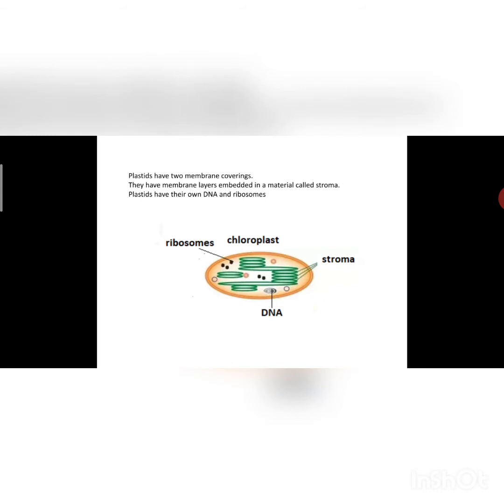Now this is the internal structure of the chloroplast. The chloroplast has two membrane layers, an outer and an inner membrane, just like the mitochondria. Inside it has many sac-like structures embedded in a material called the stroma.